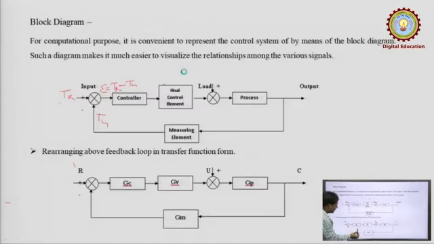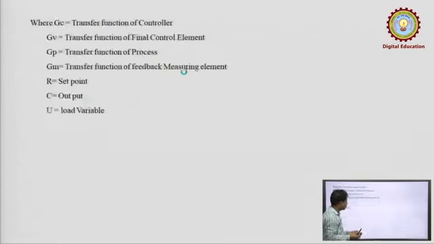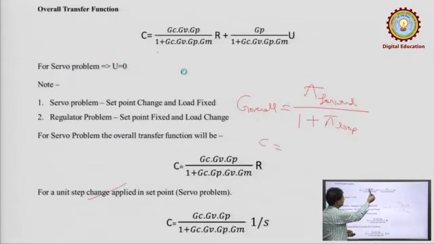Pi loop means the transfer functions occurring all over the loop: GC, GV, GP, and GM. That is the loop. So C equals Pi forward upon 1 plus Pi loop, into R. R is basically the set point.